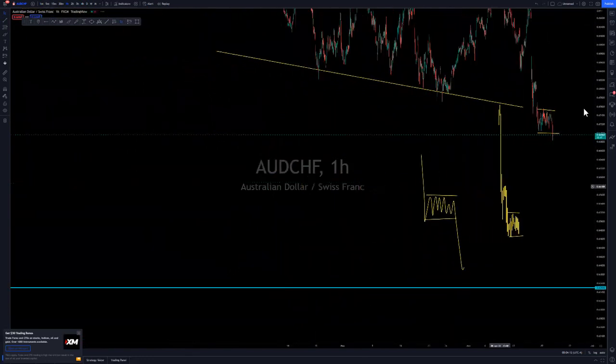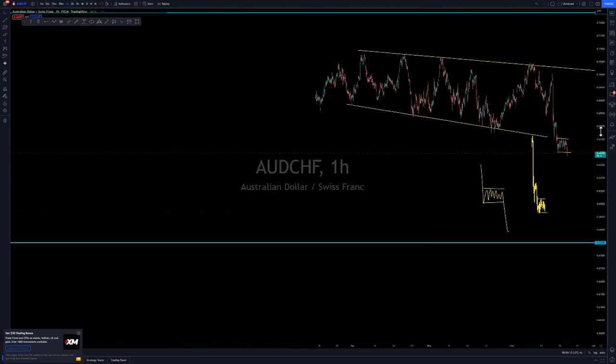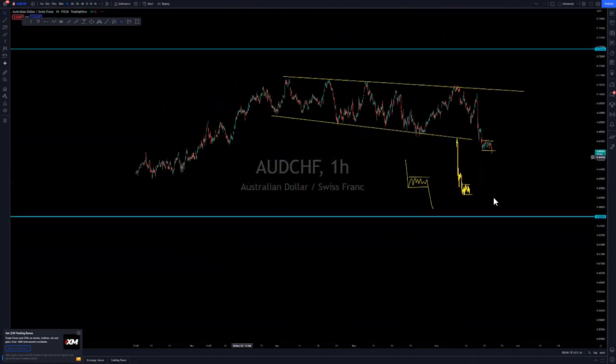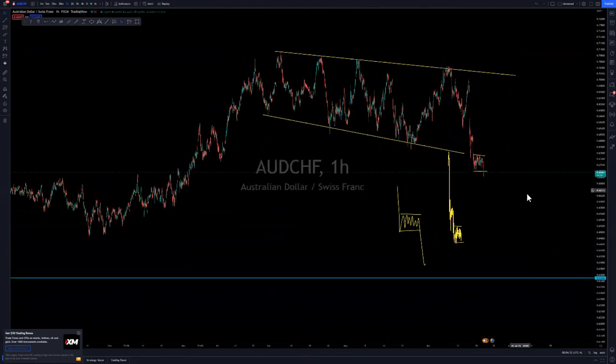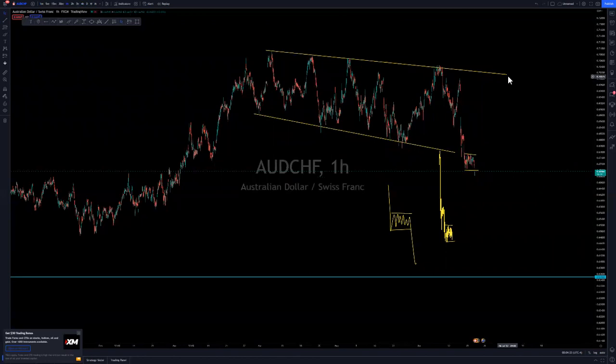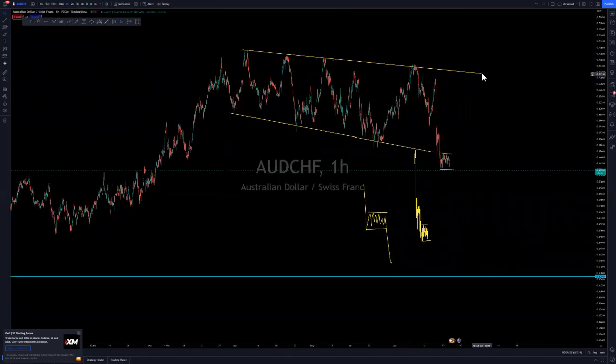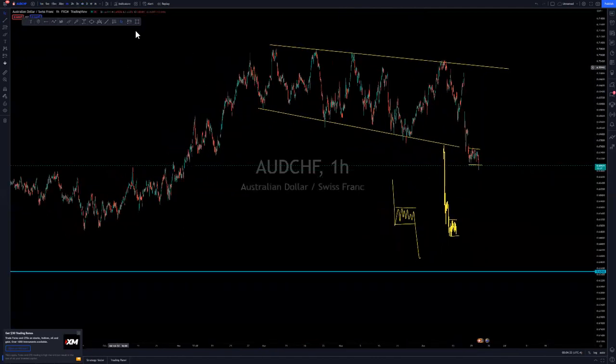The impulse, and price broke that level. So now, guys, without fear or favor, we're going to the downside.